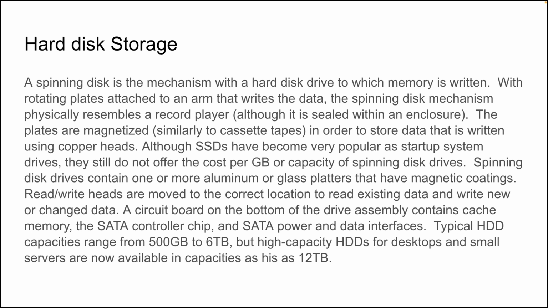Typical HDD capacities range from 500 gigabytes to 6 terabytes, but high capacity HDDs for desktops and small servers are now available in capacities as high as 12 terabytes. So when we talk about storage and we talk about gigabytes versus terabytes, gigabytes are 1,000 megabytes and terabytes are 1,000 gigabytes.